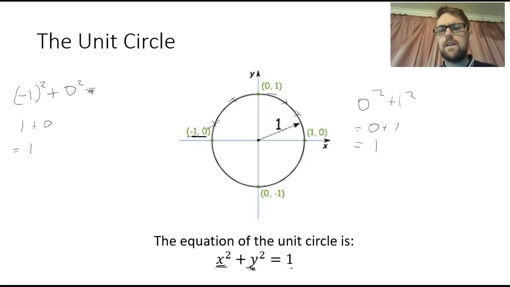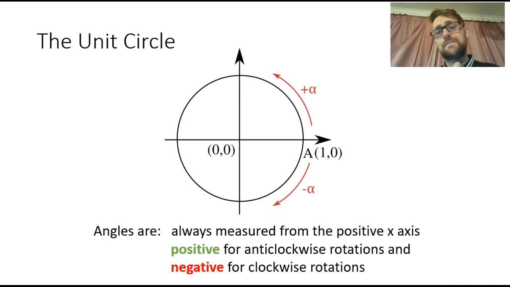Okay, so you can see from here that we can also relate this really strongly to angles all around the circle. If we take any point on the circle, we can always find an angle. Now, there's a couple of rules with the angles. The first one is we always measure the angle from the positive x-axis.